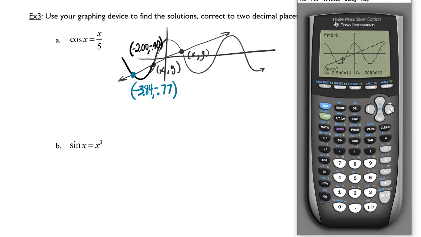And then arrow as far over as we can until we get to that last intersection on the right. Hit enter. And we have our last intersection at 1.31 and 0.26.